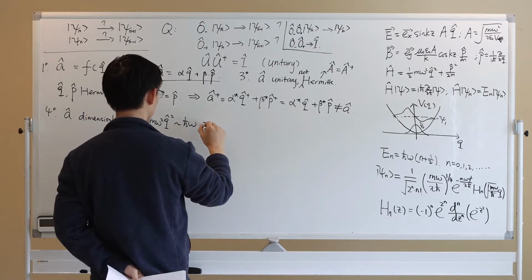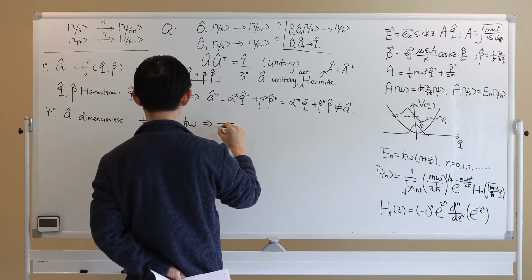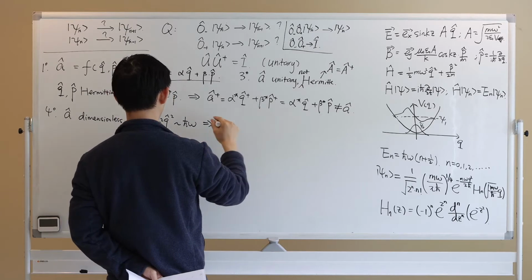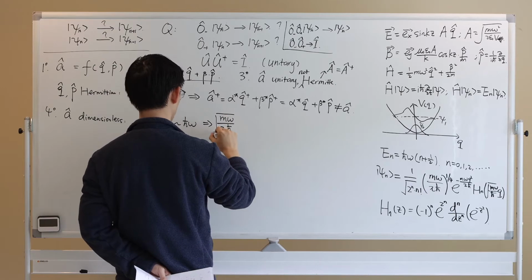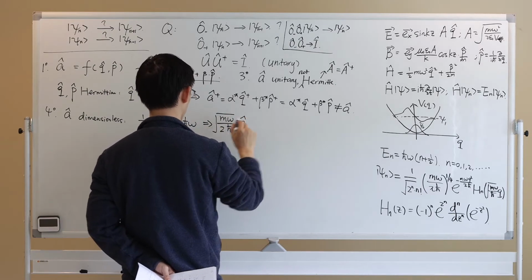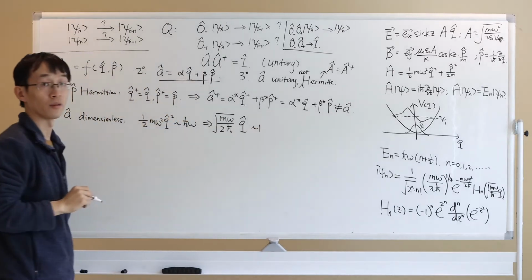So what you will have is 1/2 and then the square root of M omega over h bar times Q. You move this to that side, and we'll have dimension 1.